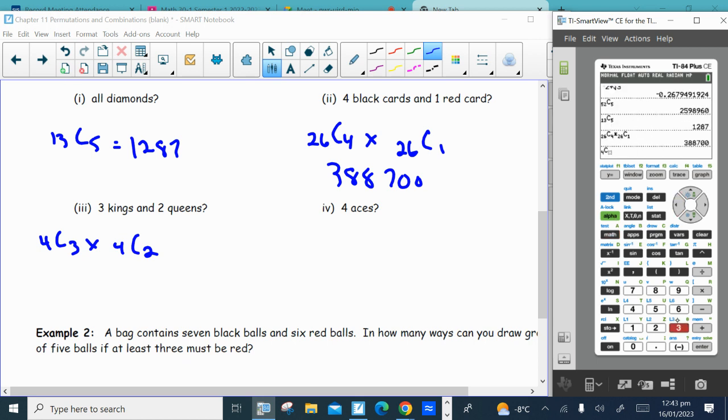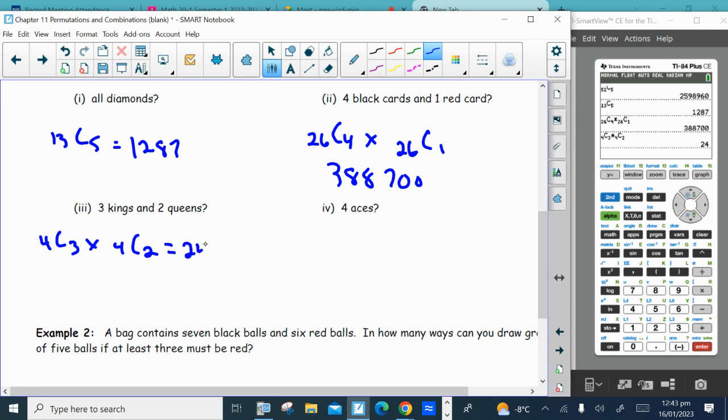So 4C3 times 4C2. Only 24 ways that you can get a hand with 3 kings and 2 queens.